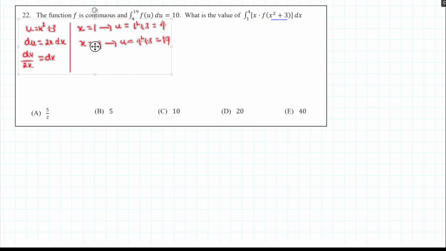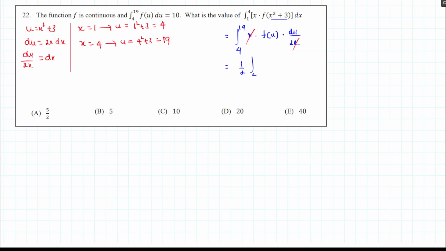When x equal to 1, u is 4, and x equal to 4, u is 19, and x times f of u, and dx equal to du over 2x. And now this x and x get cancelled, and this is equal to, you can factor out the 1 half here.